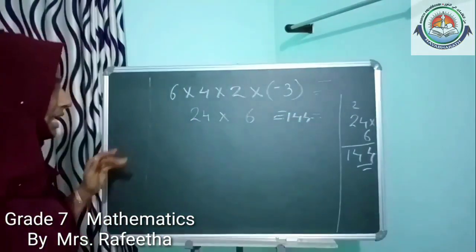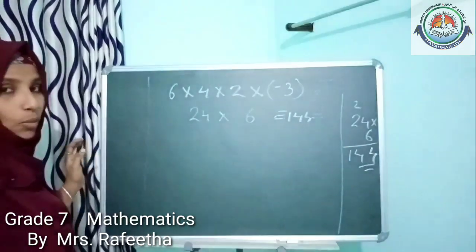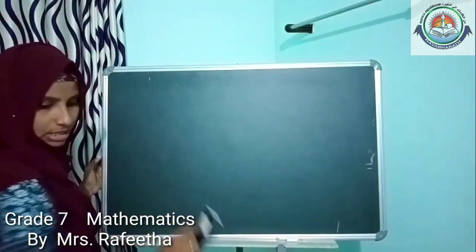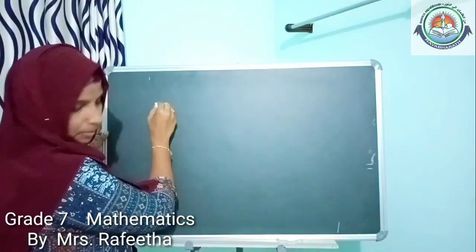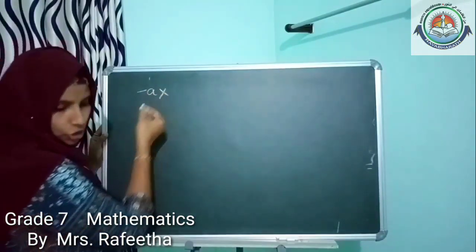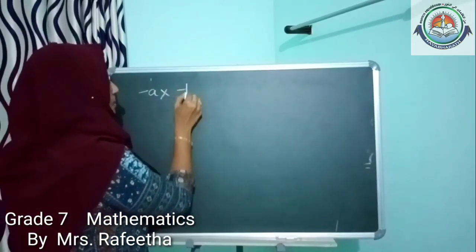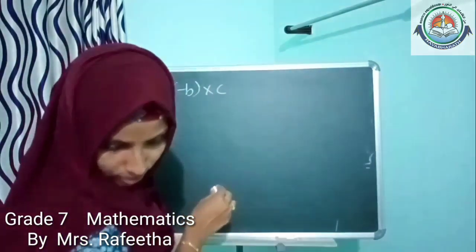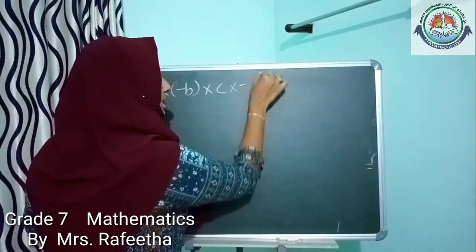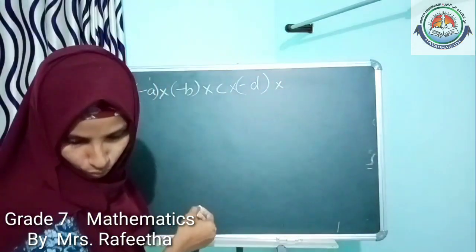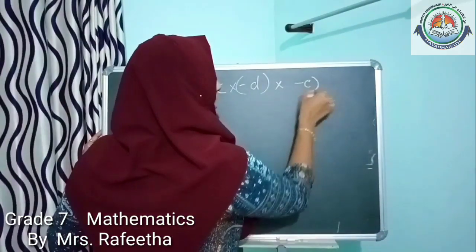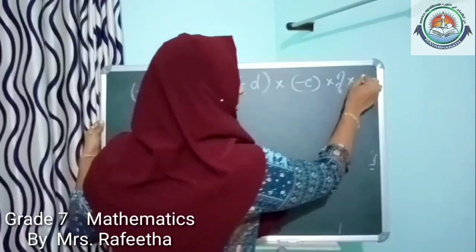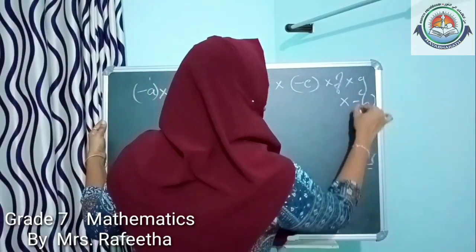Instead of negative numbers, they have given variables. That is, minus a into minus b into c into minus d into minus e into f into g into minus h.